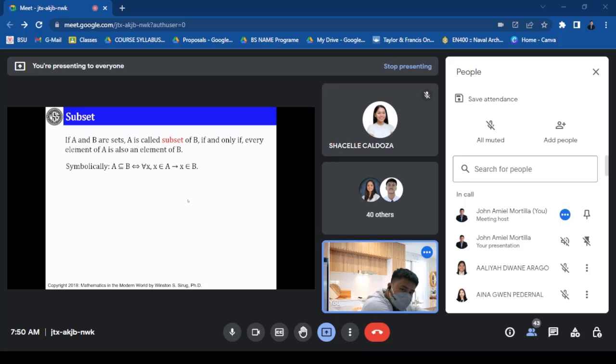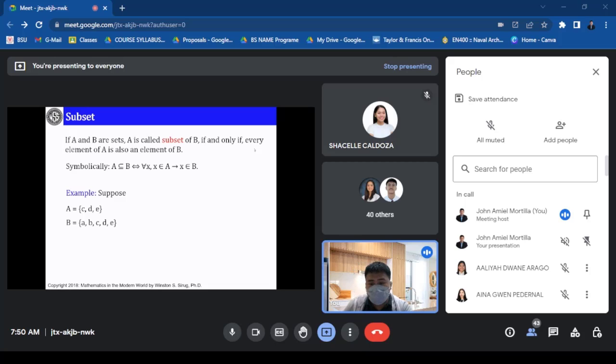Implies X is an element of B. Okay, so suppose, at hanapin ko lang to ha para di tayo magkamali ng basa dito. Okay, so implies nga. Implies X is an element of B.